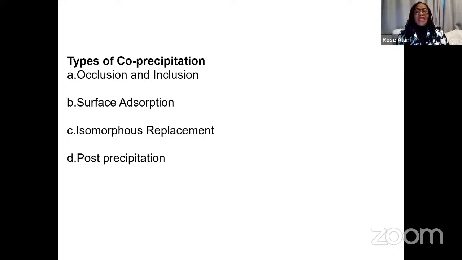We have surface adsorption, we have isomorphous replacement, and we have post-precipitation. This is under the precipitation or co-precipitation. We will look at peptidization separately and we'll look at supersaturation separately. The number one error is co-precipitation, which we're looking at now.